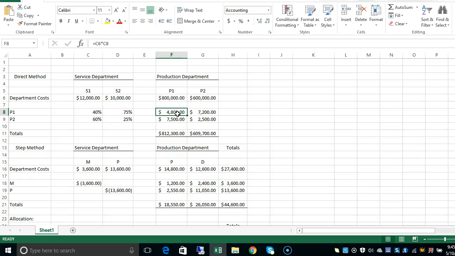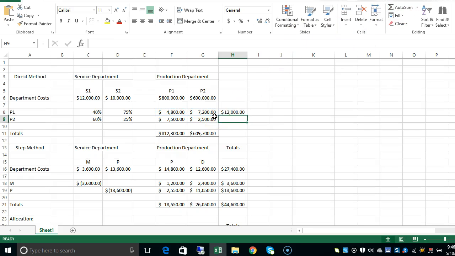So 4,800 is essentially the 12,000 times the 40%, and the 7,200 is the same 12,000 times the 60%. Service department 2 is allocated to P1 based on 75% of its 10,000, and to P2 based on 25% of its 10,000 costs.